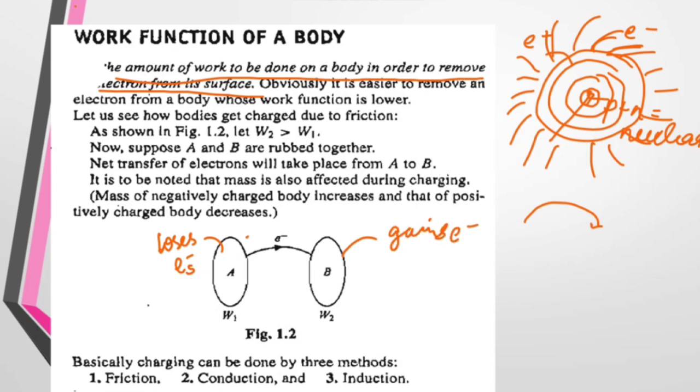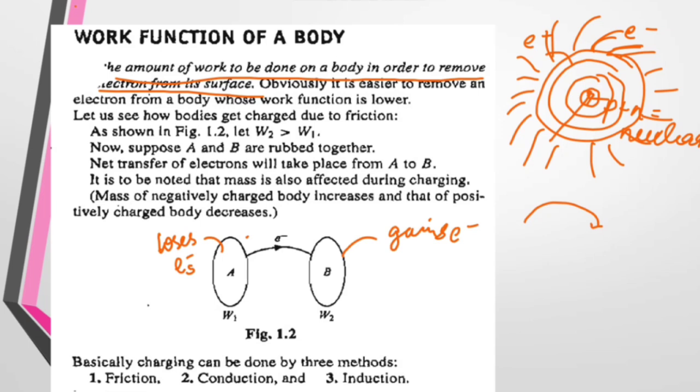So when B is gaining electrons, its work function is enhanced, it is more. So I can say that during charging, one body becomes positively charged and one body becomes negatively charged.